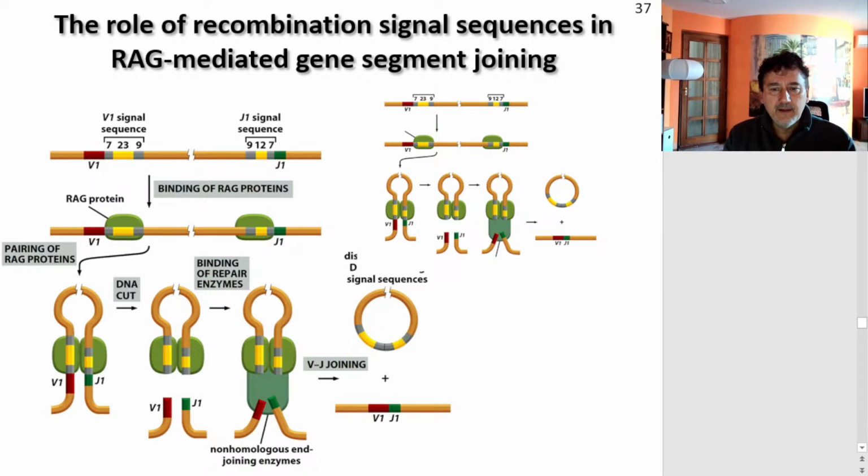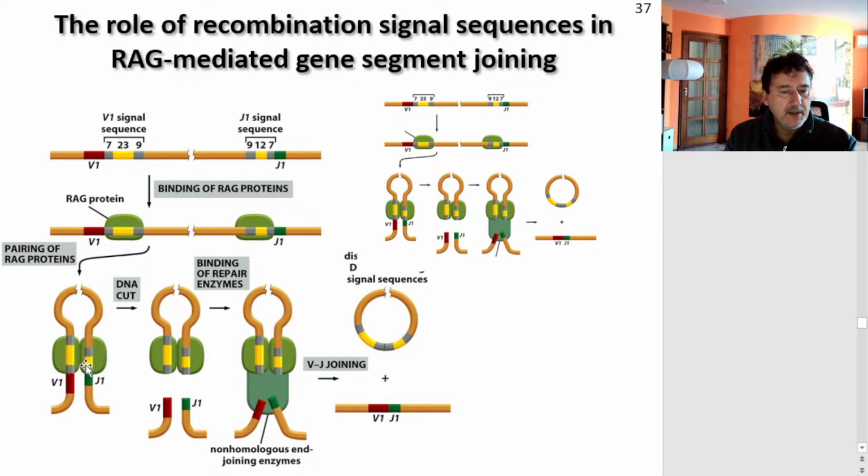The RAG proteins recognize these domains here, and the signal sequences are recognized. Here you can see that these 2 regions, V1 and J1, always use the same number. I don't know why, because it is misleading.